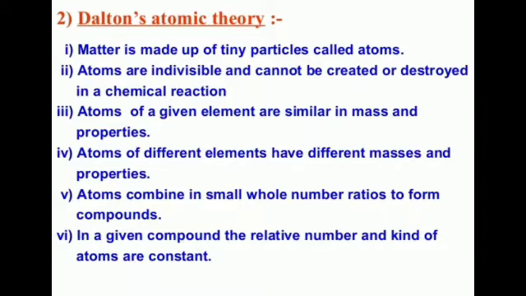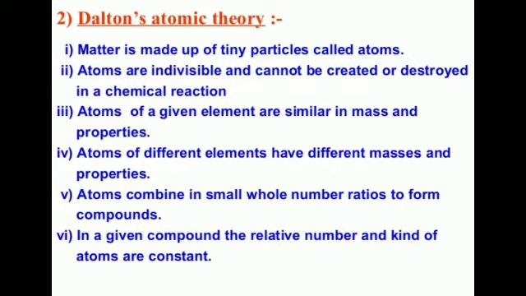Dalton's atomic theory was given by John Dalton. He gave the following statements which comprise the atomic theory of matter. According to him, matter consists of indivisible atoms, that is, they cannot be further divided. All the atoms of a given chemical element are identical in mass and in all other properties.